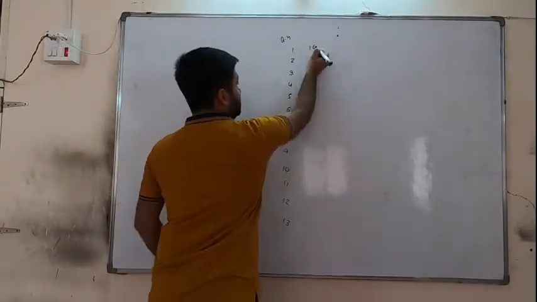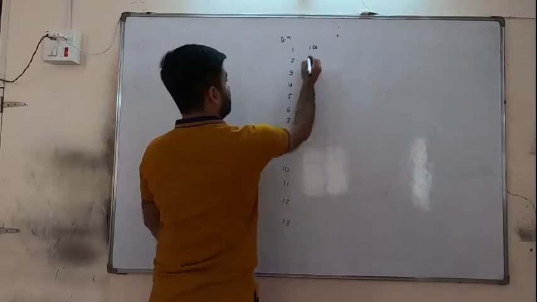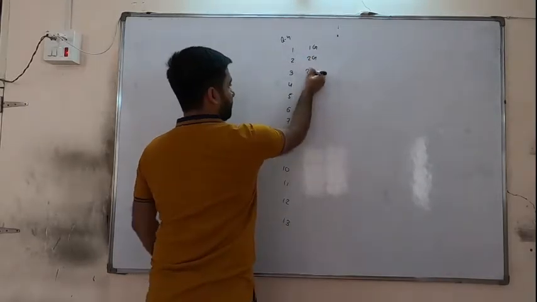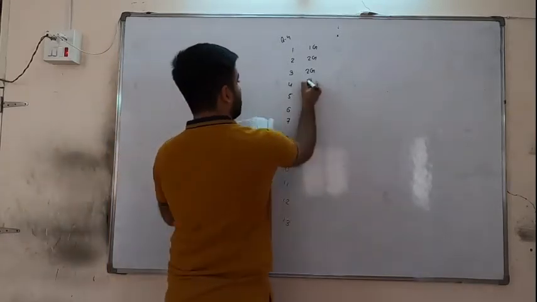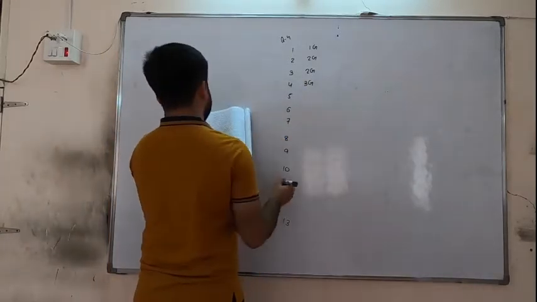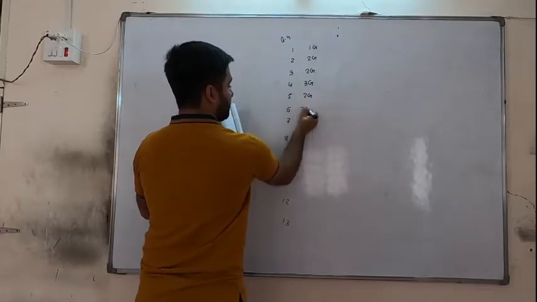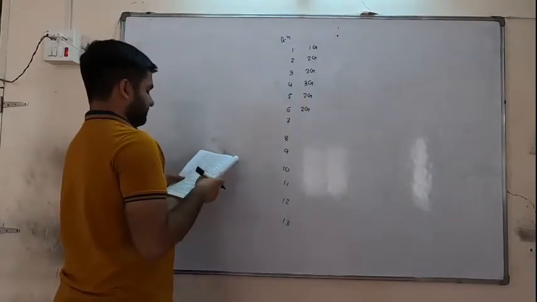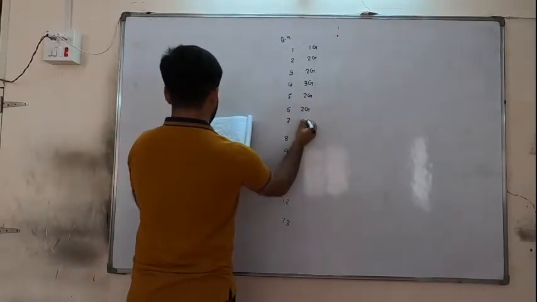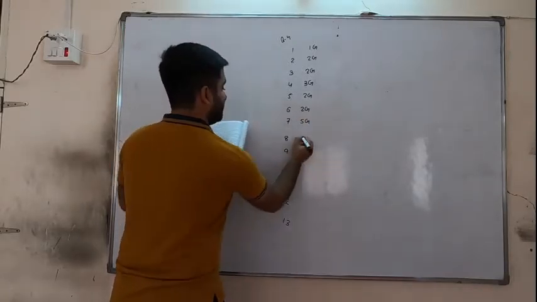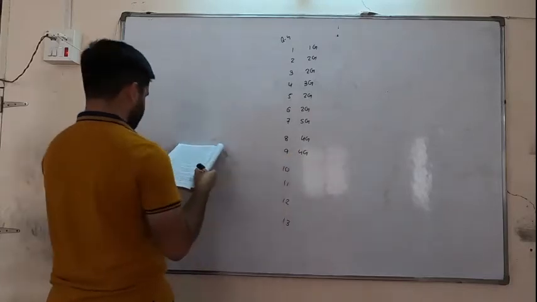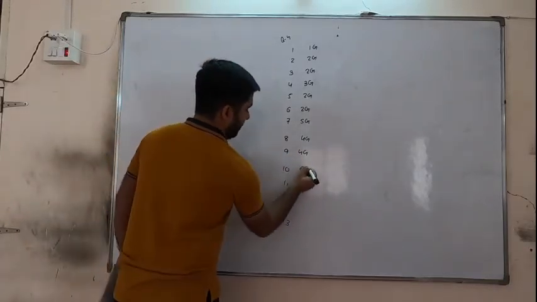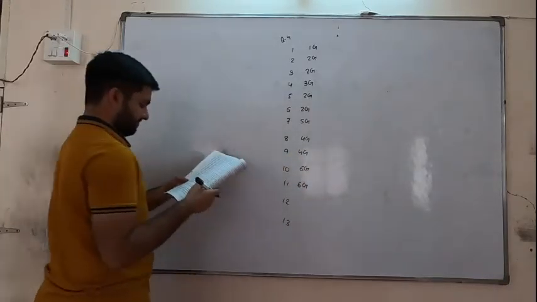Sum 1 is of 1G, 2 and 3 are of 2G. Sum 4 is about 3G. Again 5 and 6 are about 2G. Sum number 7 is about 5G.